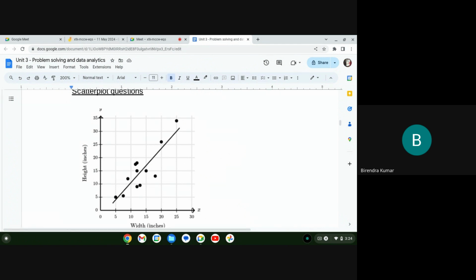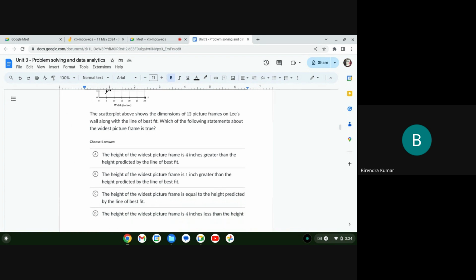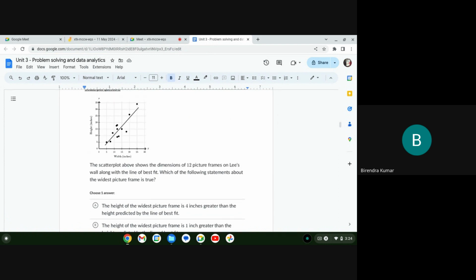So let's look at A and B again. B says 1 inch greater than the line of best fit. This has to be ruled out. A says 4 inches greater. That is the closest answer it looks like.